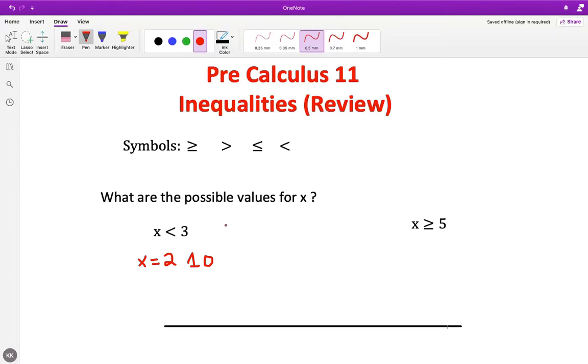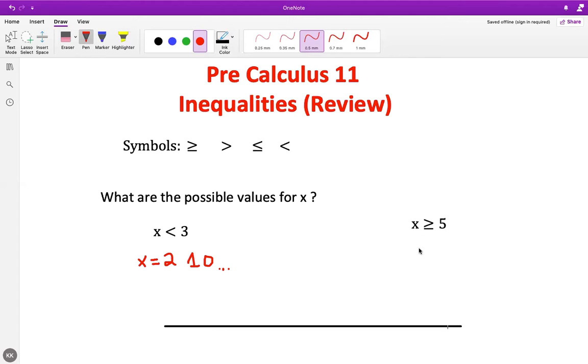But the question is, is x equal to 3 as well? Because I don't see the equal sign here, I don't expect x to be equal to 3. So for x less than 3, the possible values are 2, 1, 0, and the list goes on and extends to negative values.